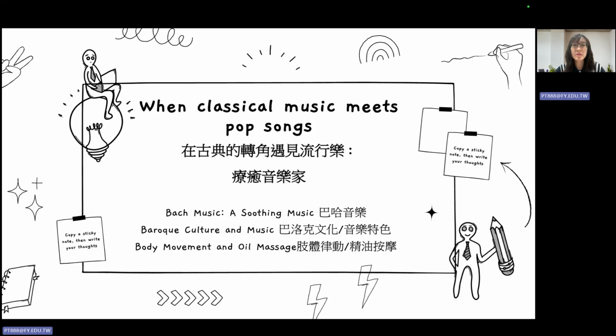So in this chapter, we will introduce Bach's music, the soothing music, and then the Baroque period of music, which Bach belonged to, the culture and the music in the Baroque period. And if we have some more time, we will have the body movement and the oil massage during the class.